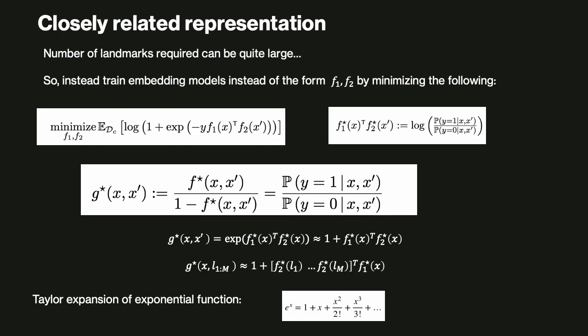And so by using Taylor expansion of the exponential function up to the second order, we expect the approximate minimizer f hat 1 to be as good of a representation over a document as the version G star, which requires landmarks. And so by doing this, the authors were able to work around the requirement of a large number of landmarks by using a different function.